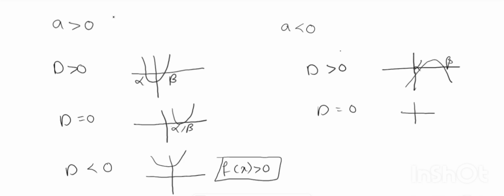Here, this is when the roots are real, and when it is complex, D is greater than 0 and alpha and beta, and D is equal to 0, then the alpha and beta will again be at the same point but in the downward curve. When D is less than 0, it is again the downward curve, but it again doesn't touch the x-axis.